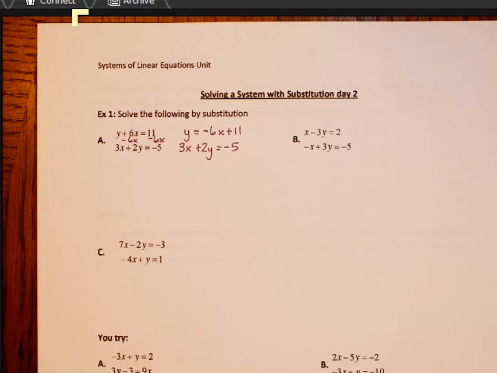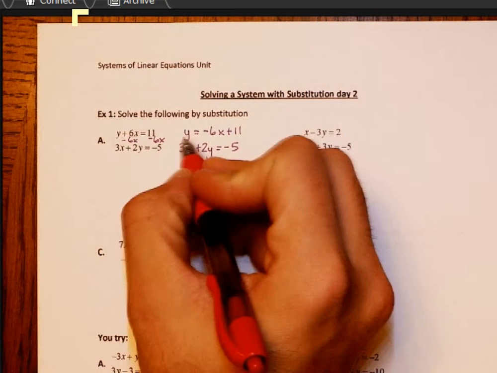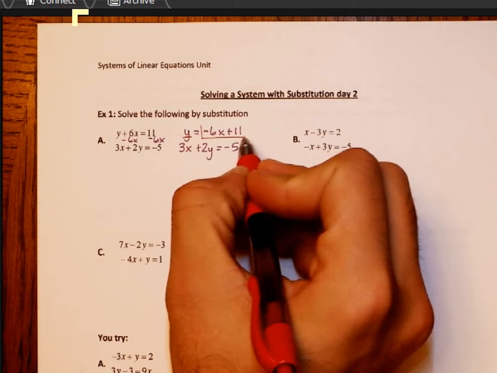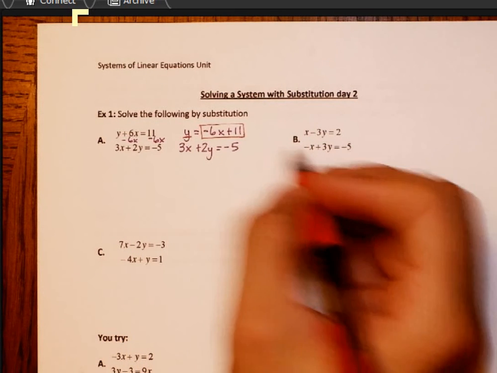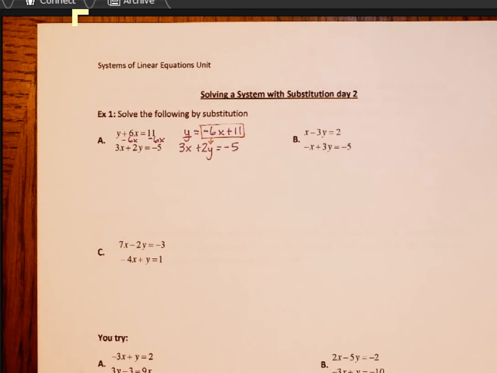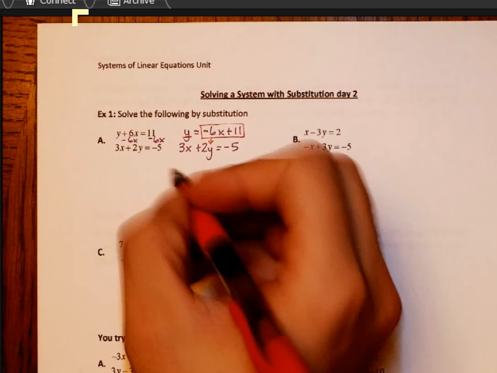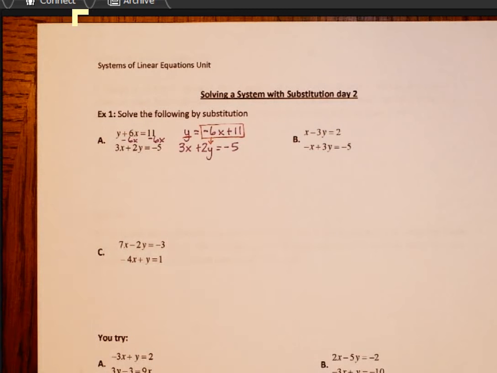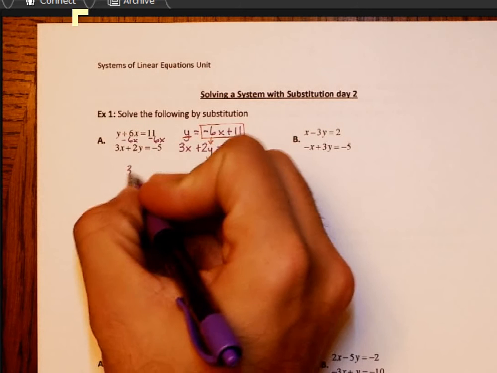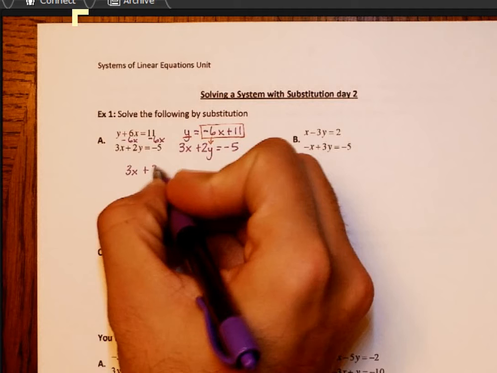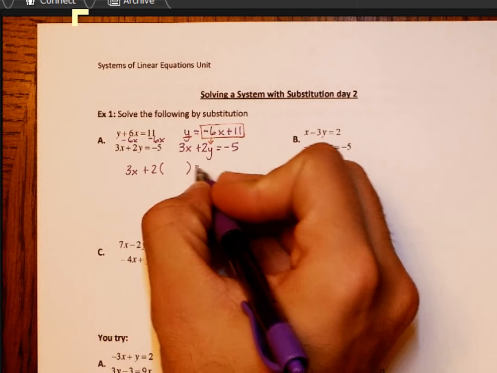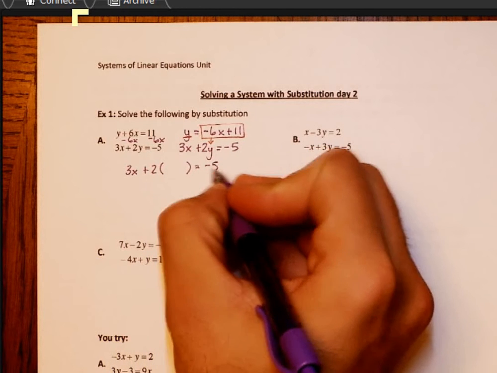Now, like we learned yesterday, when y is equal to negative 6x plus 11, we can easily substitute that into the second equation. So when I do that, I get 3x plus 2 times y, and I'm going to write that with the parentheses again, and that's all equal to negative 5.